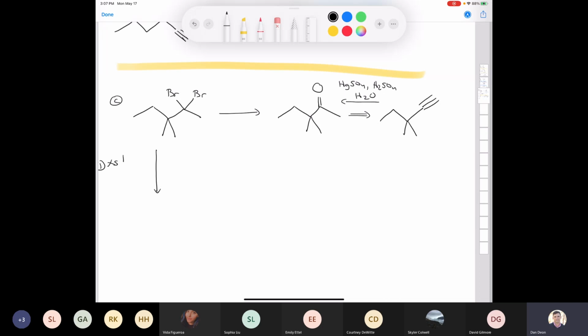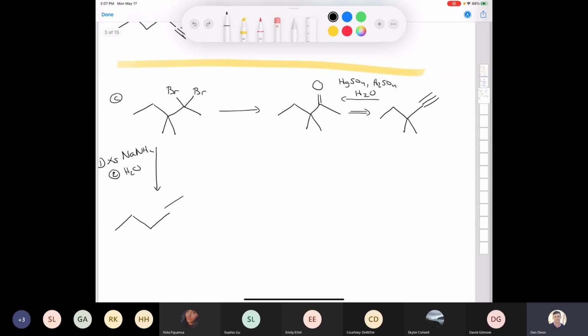excess sodium amide in the first step, and then we put water on it to quench the reaction. That will give us that alkyne that we wanted. That's not a very good looking alkyne, is it? There we go. There's our alkyne. And then all we have to do is to treat this with, you know what, let me draw the enol just for fun.